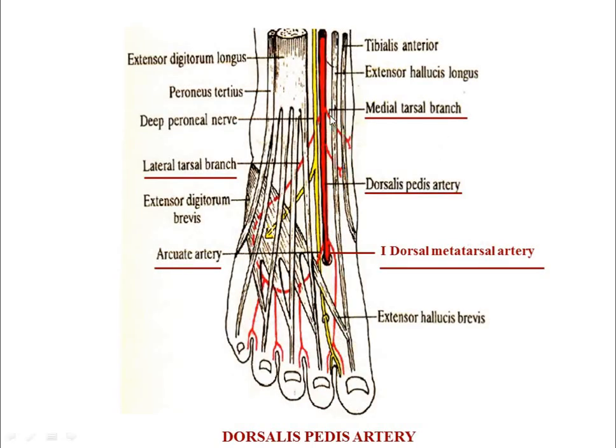After the anterior tibial artery has given the malleolar branches, the dorsalis pedis gives branches to the dorsum of the foot, an arcuate artery which goes along like a dorsal arch around the dorsum of the foot. That gives the first dorsal metatarsal artery, and to the arcuate artery, the common metatarsal arteries, which supply the dorsum of the foot.